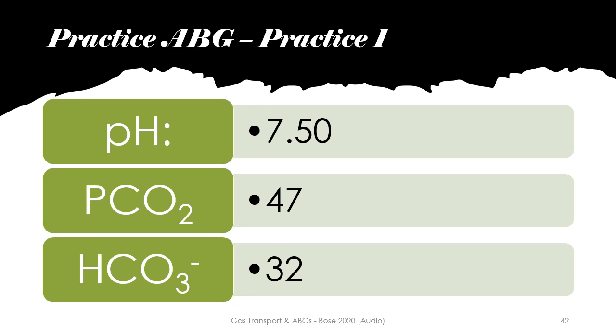So remember that compensated equals the pH is close to within normal range. That is, the body has used its buffer system to normalize the pH. And uncompensated would mean that the pH is outside of its normal range, where the body's buffer system is yet to, or has failed to, bring the pH back to within normal range.